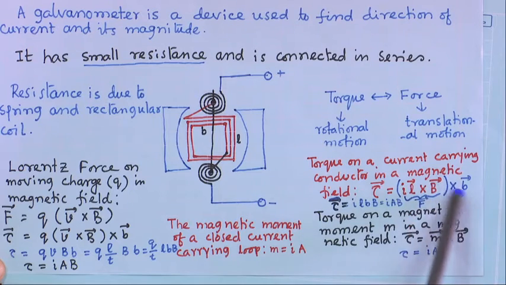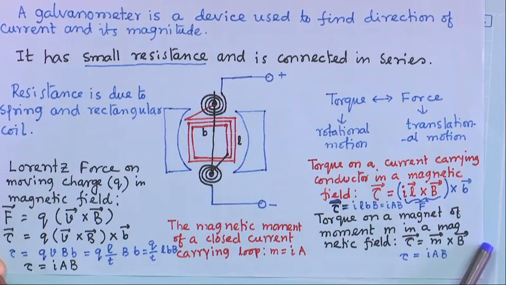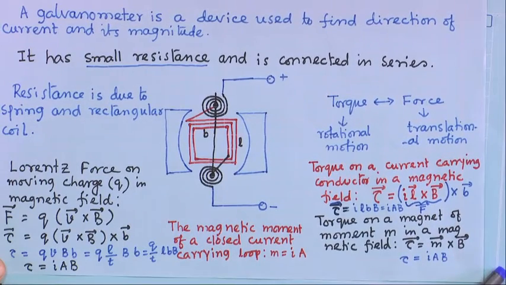From the cross product, since they are perpendicular to each other, sin 90 degree is 1. That is why you will get I L B b. L b is A, so I A B. So, from this definition of torque also, you are getting tau equal to I A B.